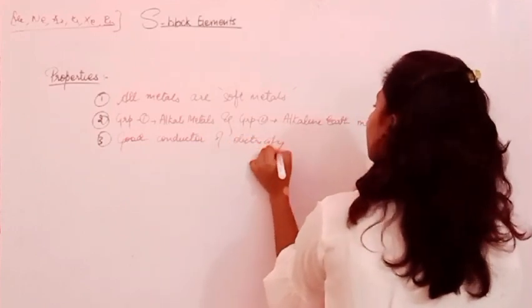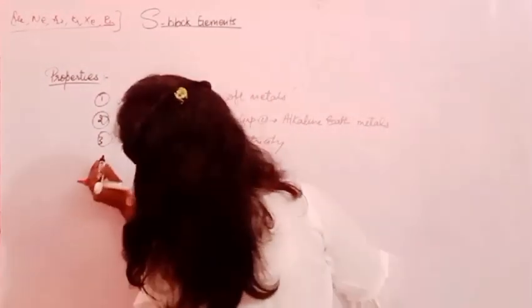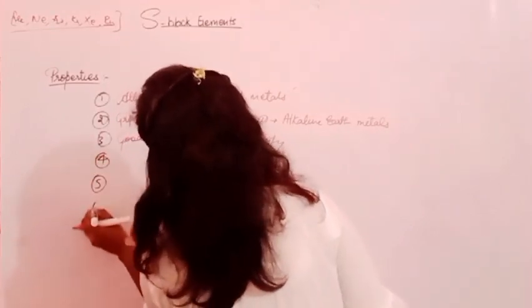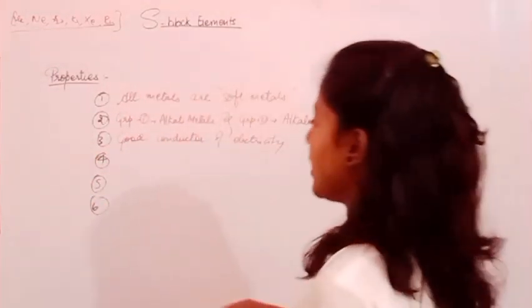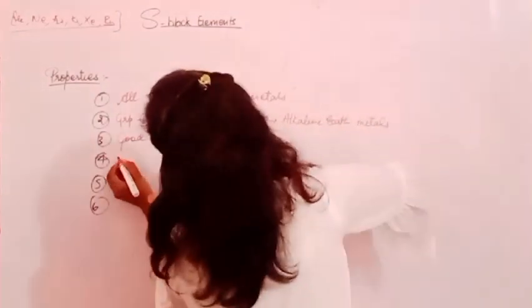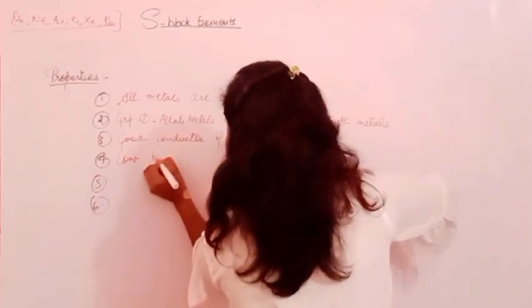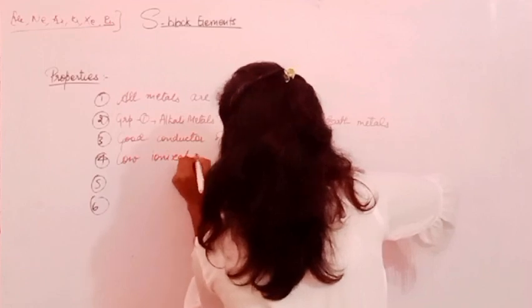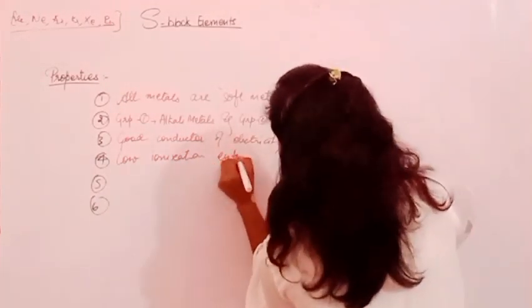I'm going to explain it again. Don't worry. So what is the fourth property of S block element? They have low ionization enthalpy.